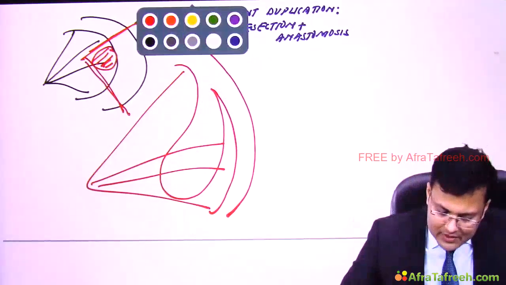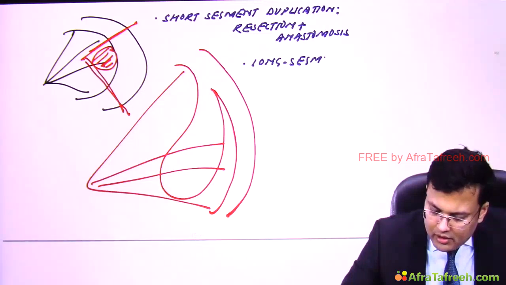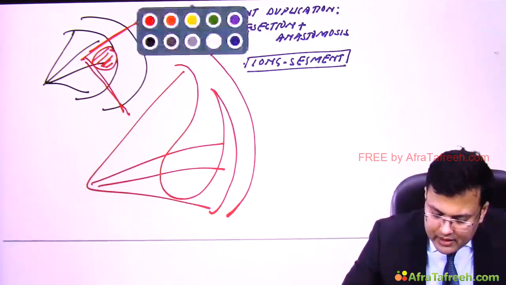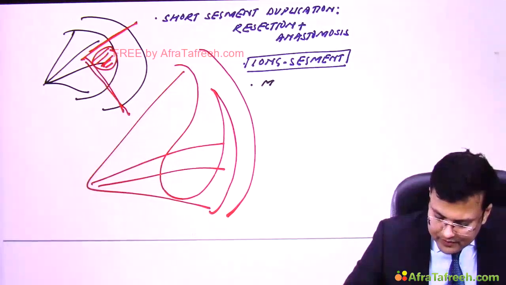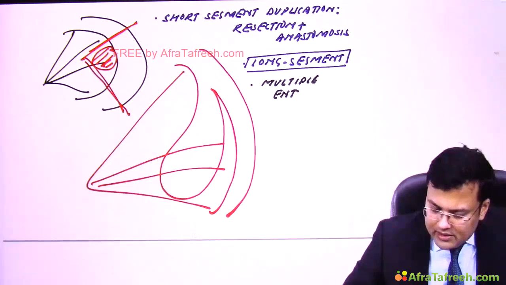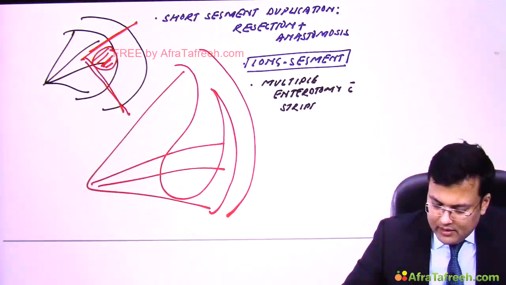So see how we manage long segment duplication. Either we perform multiple enterotomy with stripping of mucosa.